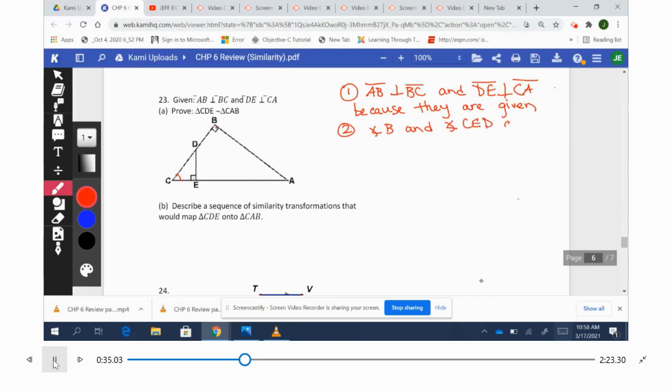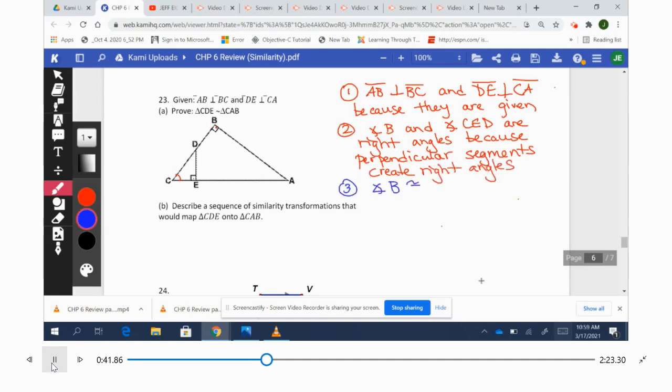First I list the givens. Now, because of the perpendicular segments, I have right angles, and then I have to make another move, step 3, to make them congruent, because all right angles are congruent.